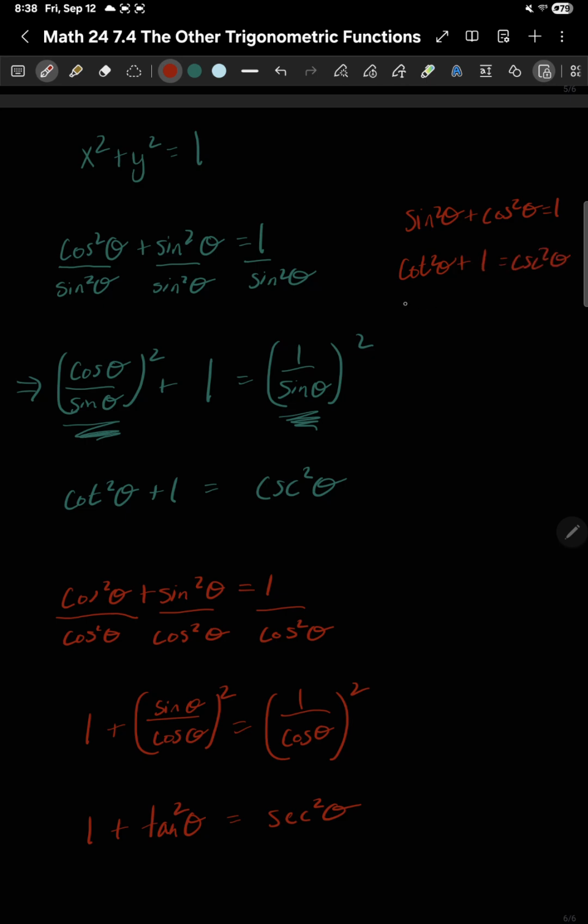I'm just going to write them down here. These are good to remember, so maybe put a star by them in your notes. We're going to use these Pythagorean identities to solve one more example.